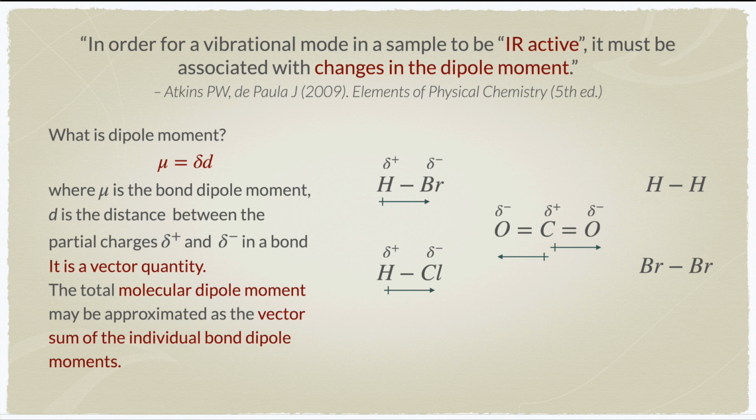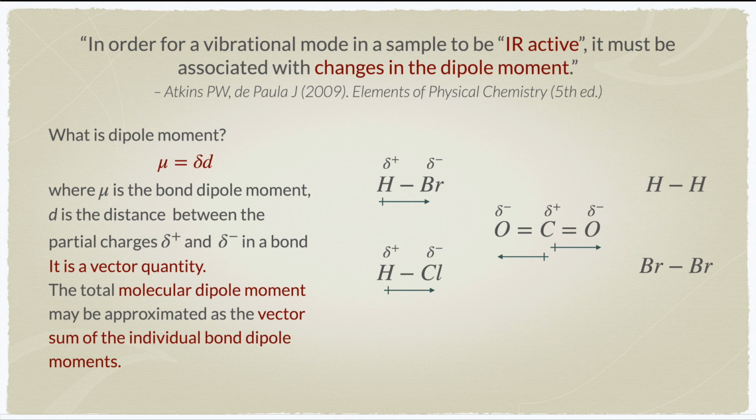So now you can make a statement that all molecules that have a dipole moment should be IR active. Like even the water molecule, it has a permanent dipole moment, therefore it will be IR active.